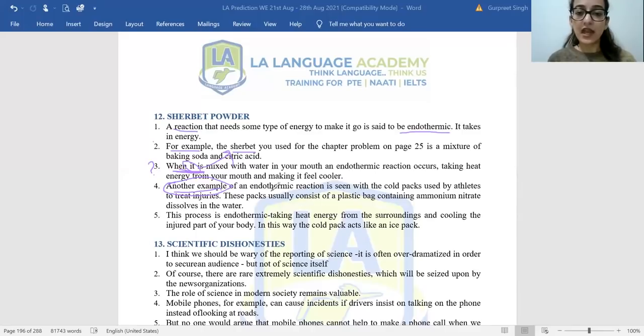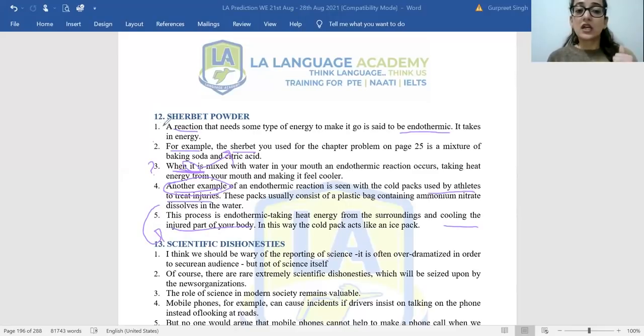So here we have packs used by athletes to treat injuries, and then this process is endothermic, taking heat energy from the surroundings and cooling the injured part of your body. So this is again talking about injuries. So which is an introductory sentence, is another example is this, and then we continue explaining that with reference to injured part of your body.